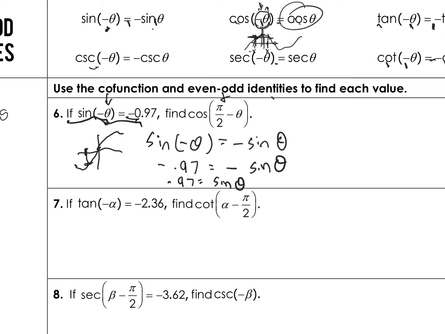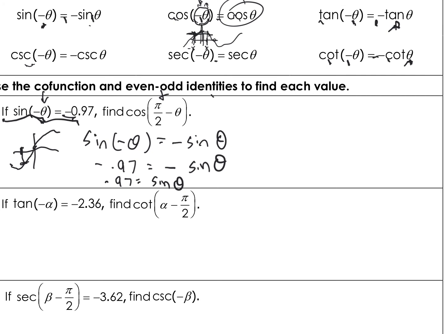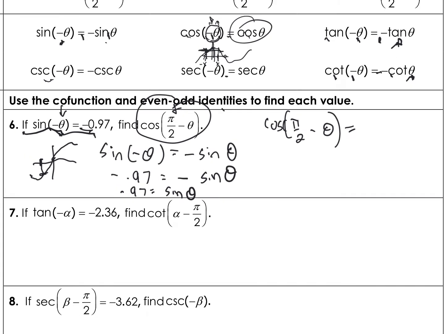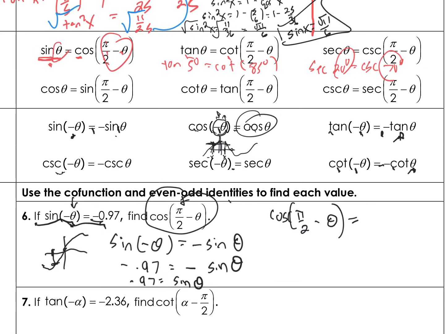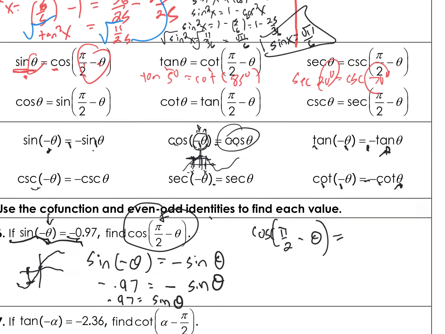Now, why did I need that? Because I want to find this cofunction. Cosine of pi over 2 minus theta should be equal to, what was my function up there? Cosine of pi over 2, where's that at?